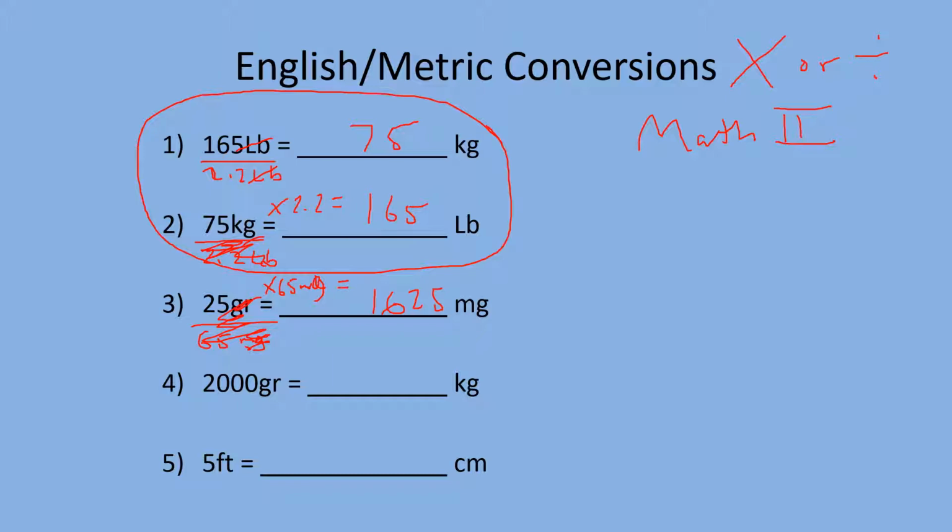200 grains is how many kilograms? What do you have to convert to first? Milligrams, right? And then milligrams to kilo. Kilo, grams, milligrams, micrograms. So you're going to have to go from milligrams to kilo. 200 grains is 200 times 65 milligrams.